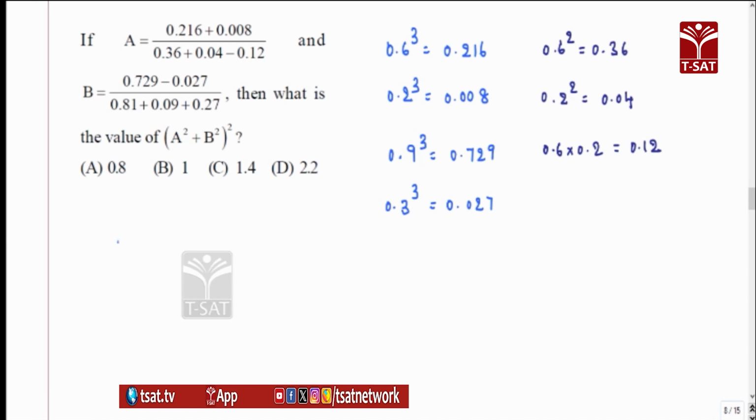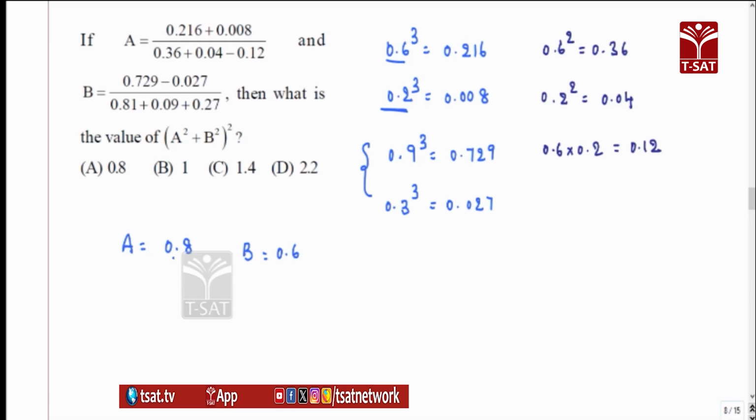Therefore, your capital A becomes a plus b. Here a is 0.6, b is 0.2. So a plus b is 0.6 plus 0.2, which is 0.8. Now B is a cube minus b cube by a square plus b square plus AB. So here a minus b means 0.9 minus 0.3, that's 0.6.